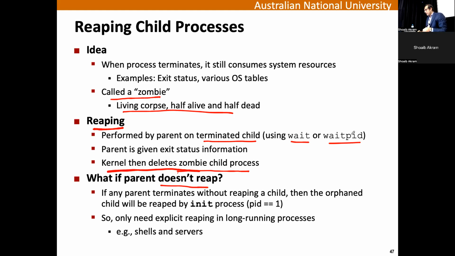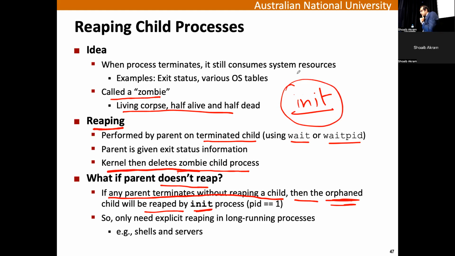Okay, so if a parent terminates without reaping a child, then the orphaned child will be reaped by a special process called the init process. We'll talk about the init process in the future, but this is something that the kernel has for bookkeeping and for other things.